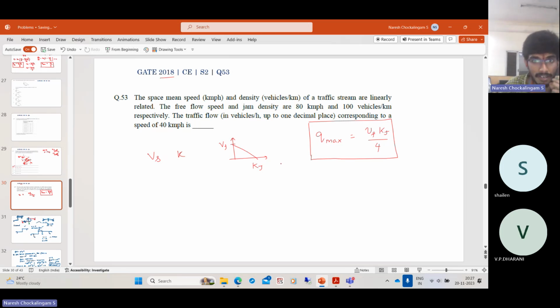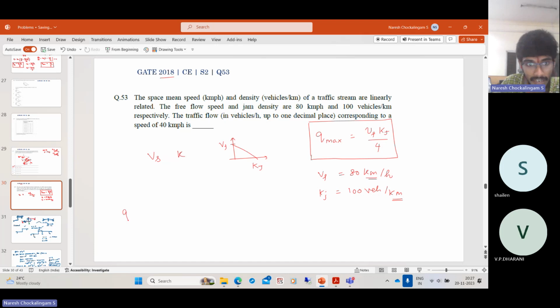It is given that the free flow speed is 80 kilometers per hour and the jam density is 100 vehicles per kilometer. Always note that these two have to be in the same units before you do any computation. Otherwise, it becomes problematic.